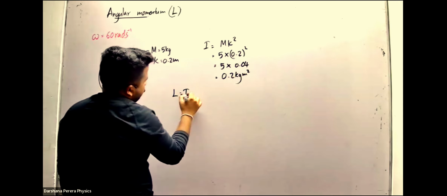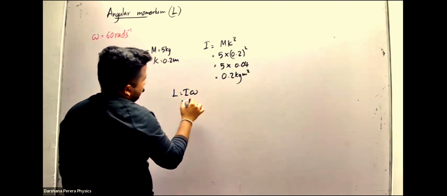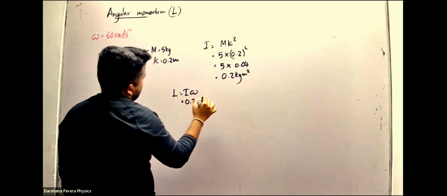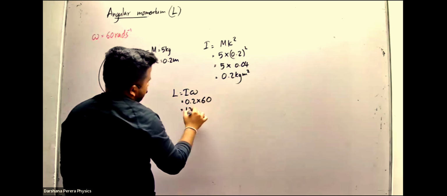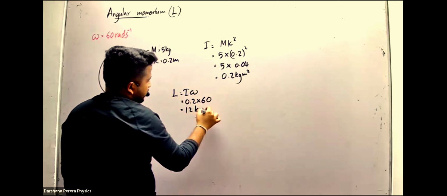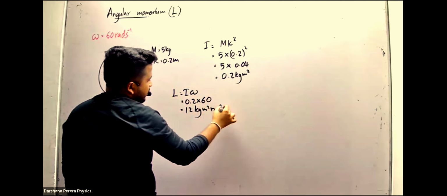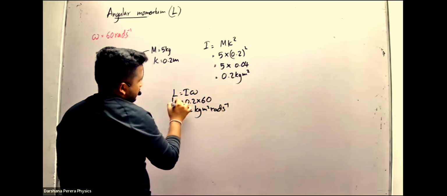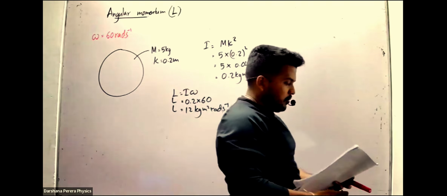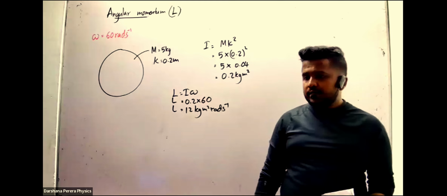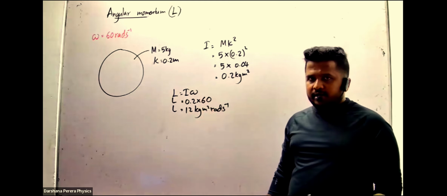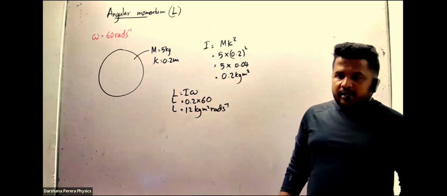L equals I omega. 0.2 into omega, 60, that means 12. What is the unit? I is in kg m square, omega is in rad s minus 1. This is the unit. Very large unit.